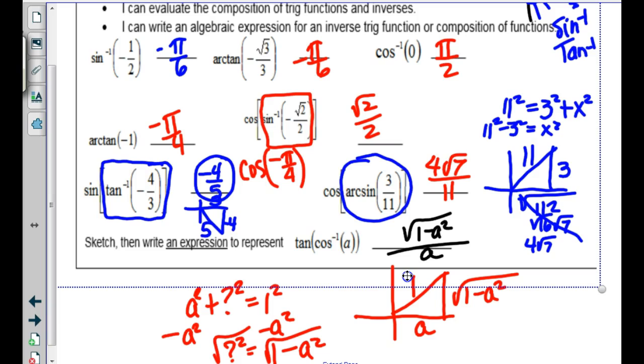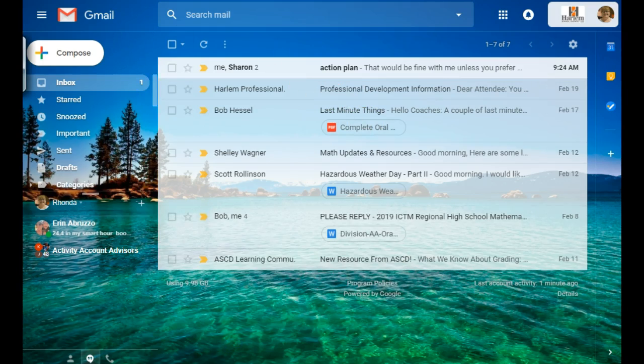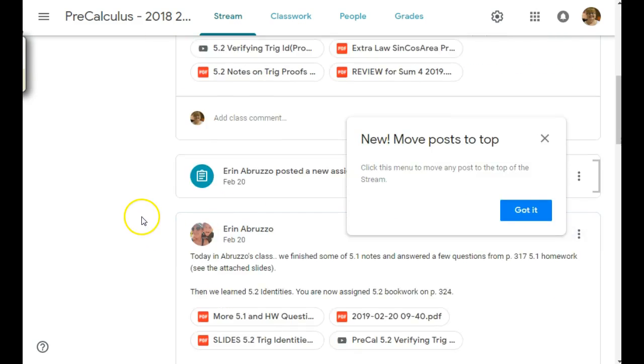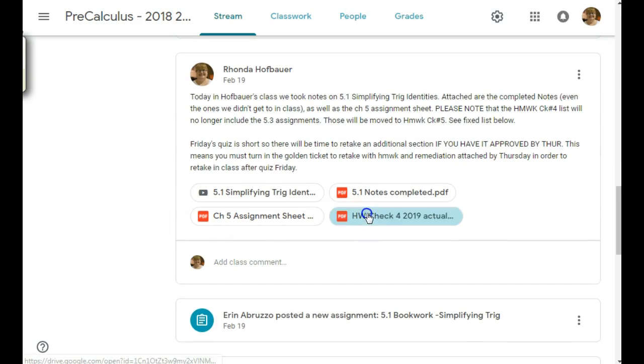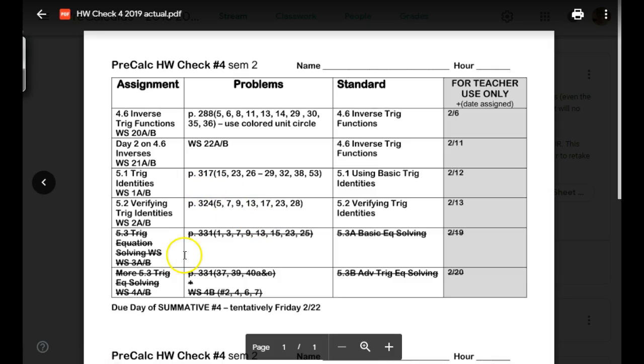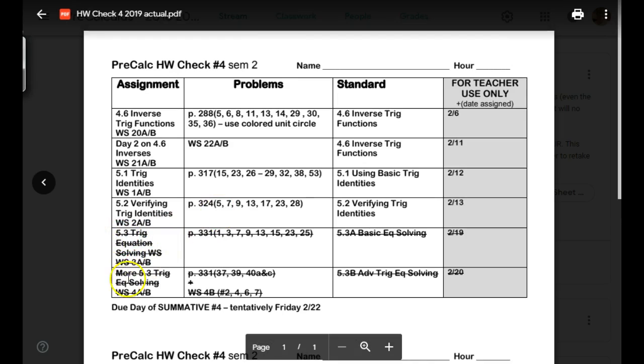All right, anybody need to see another one of any of that? Okay. By the way, I keep forgetting to tell this class this. This is the actual homework check that's due tomorrow. These two that say 5.3 are crossed off, I'll put them on the next one.